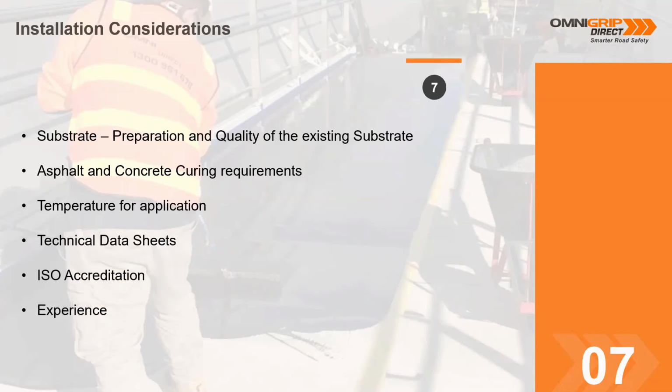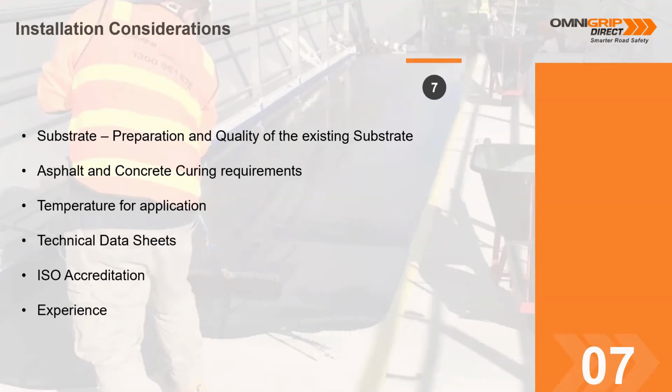Curing requirements are also important. Asphalt and concrete have different curing requirements, and depending on what action is being undertaken on a particular project, when a surface treatment can be applied is dictated by those curing times. Temperature for application. Now, in the summer months, the temperature on the road is a lot warmer, and any technical data sheet that has the correct information on it will determine what temperature applications are suitable.